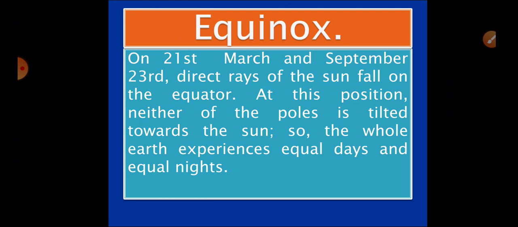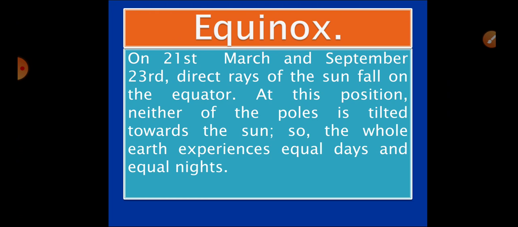So one half portion of the earth, the southern hemisphere, is getting full light, and the equator is receiving the sunlight.